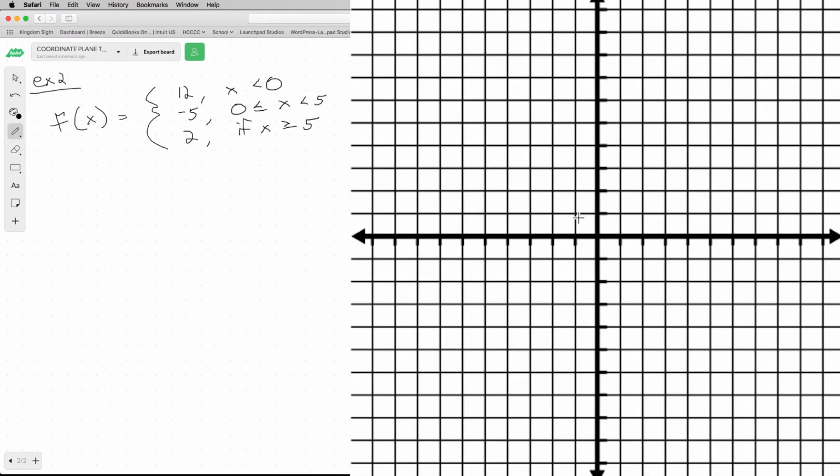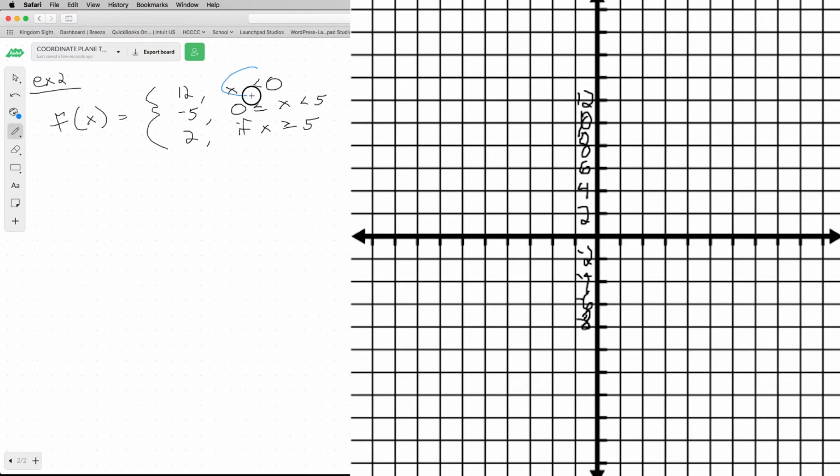So let's label our graph here. Let's say our y values are every 2, so 2, 4, 6, 8, 10, 12, probably stop there. -2, -4, -6, -8. Okay, so let's graph this.